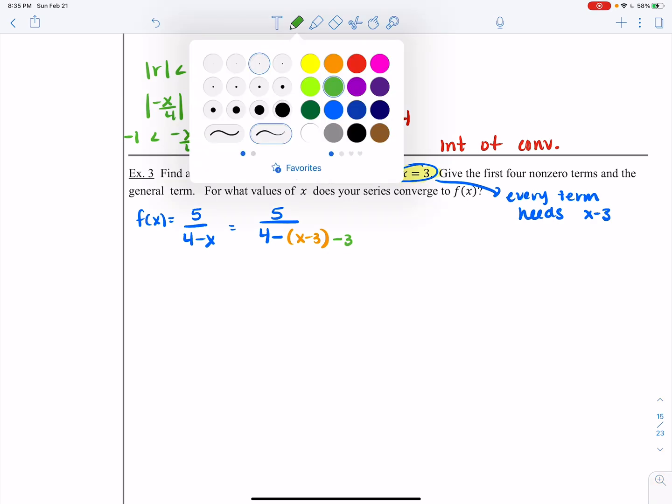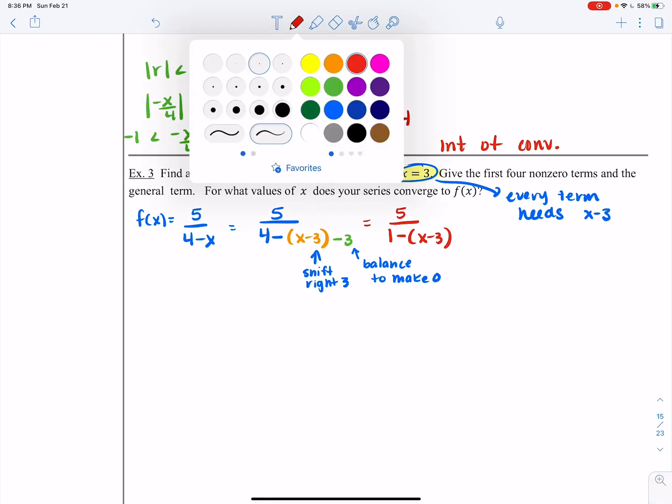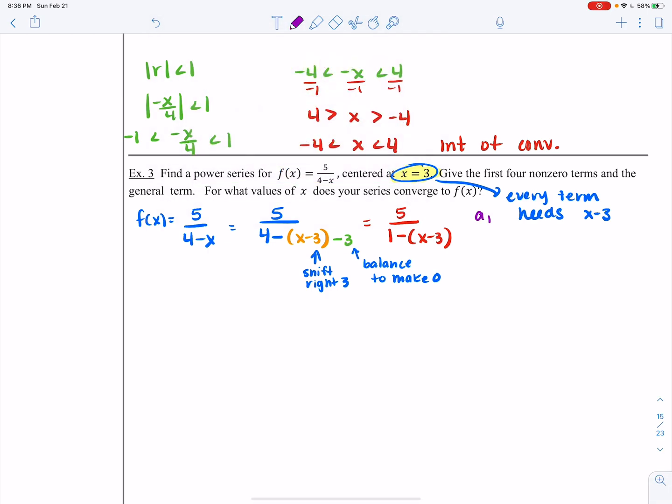So essentially what's happening is this is going to shift us right 3, and this is going to balance out to basically make 0. Okay? So I just forced it to have an x minus 3. Combining like terms, we're going to get 5 over 4 minus 3 is 1 minus x minus 3.